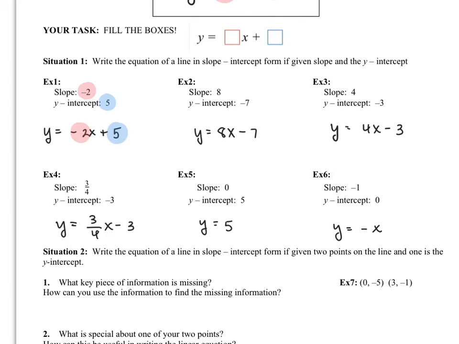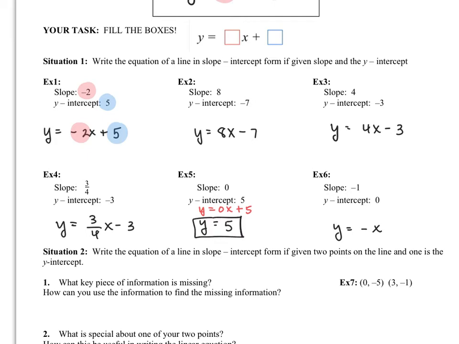Now in examples 5 and 6, we've got something a little different going on because here I have a slope of 0. So it's possible that you started your equation by saying y equals 0x plus 5, which is definitely true. My slope is my coefficient of x, but remember that anything times 0 is going to be 0, and so 0 plus 5 would simplify to just y equals 5.